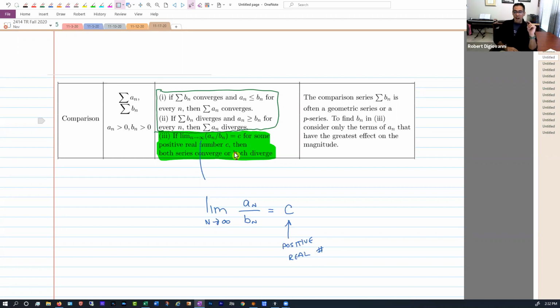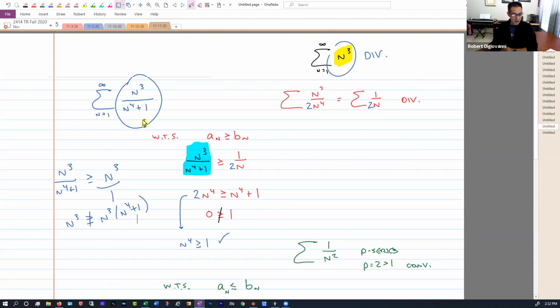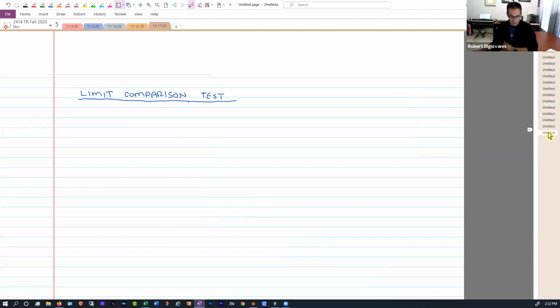So let's see this in action. You ready? I'm going to go back and do the problem that we just did. This one right here that caused a little bit of problems, right? n cubed over n to the fourth plus 1. I'm going to choose to compare it to something.